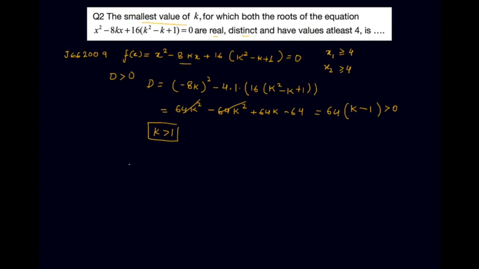Now let's look graphically how the roots will be with respect to the value 4. So these are the roots x1 and x2 and this is the value 4. Now this point which occurs at minus b by 2a, since both the roots are greater than 4, this value will also be greater than 4.